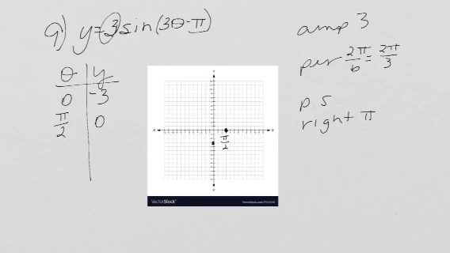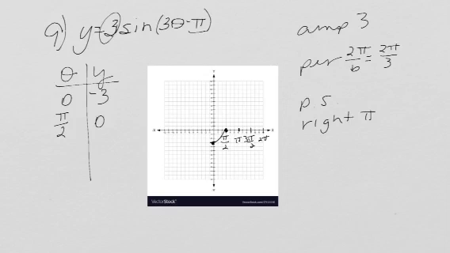Now from here, I know it's going to be periodic motion, so I can start plotting my points so that every time I go pi over 2 on the x-axis, I'm going to continue this periodic motion. So really, at the bottom of my crest, or the bottom of my amplitude, I'm going to be here at negative 3.